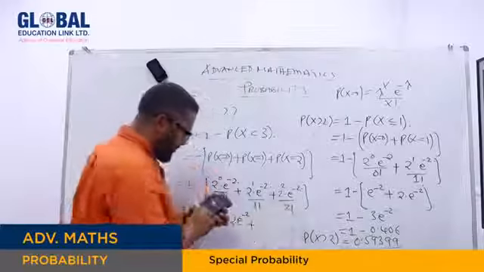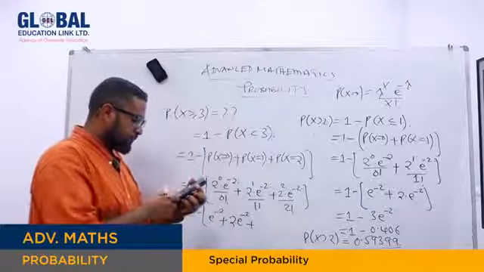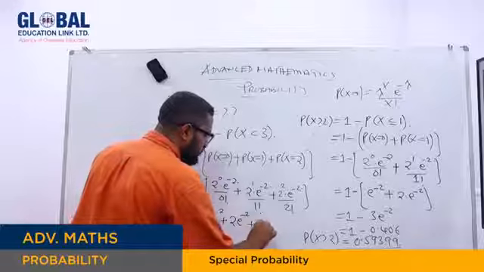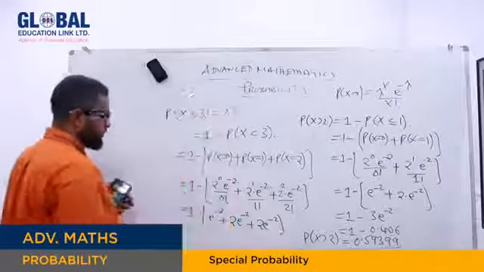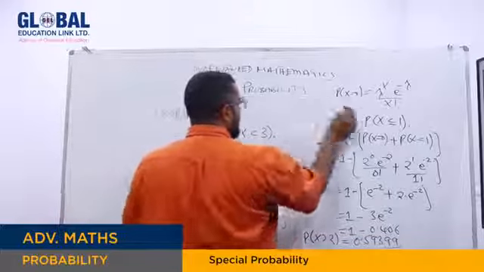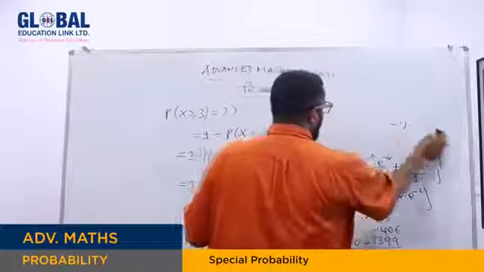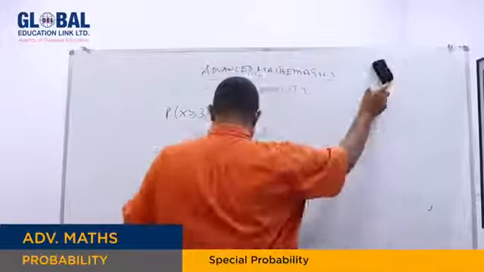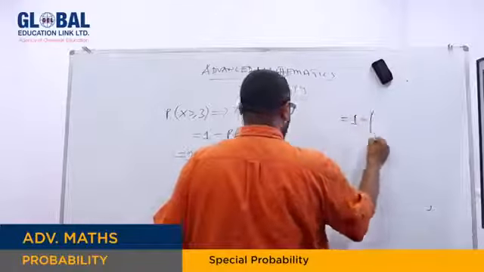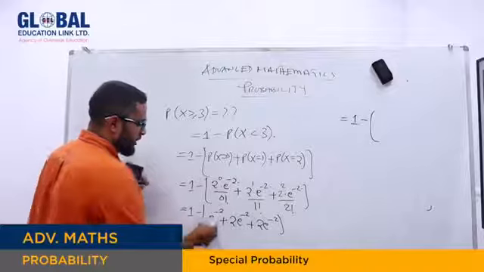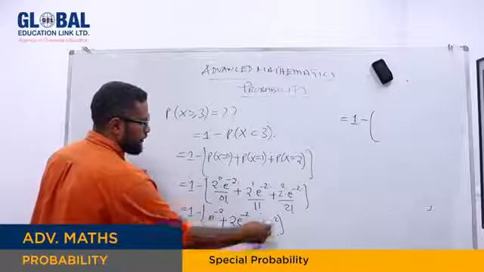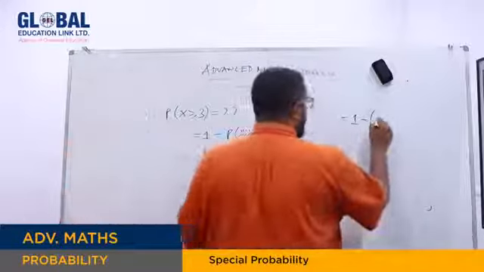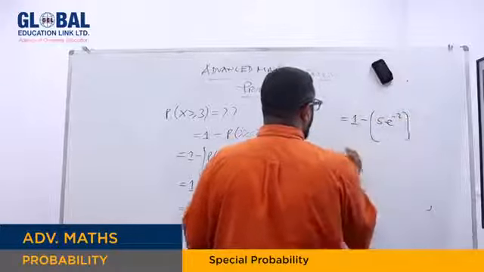But what is 2 factorial? 2 factorial is equal to 2. So 4 divided by 2 is equal to 2e to the power of negative 2. Then from there, keep on simplifying, and you're about to finish the question. So we have 1 minus, if you check here, e power negative 2, 2e power negative 2 and 2e power negative 2 are the same terms. So adding 1 plus 2 plus 2, we get 5e to the power of negative 2.